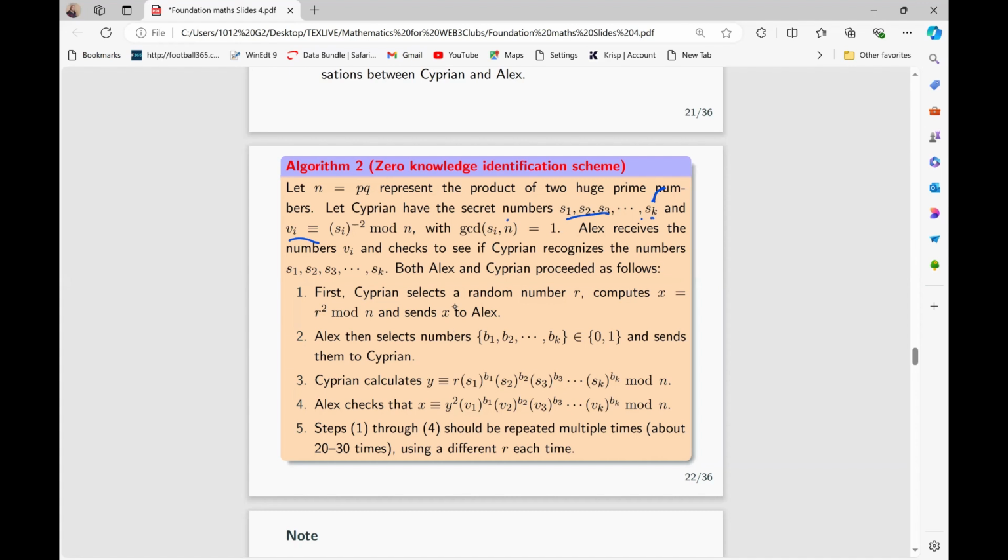Then you get the square: 1 out of this, then its square. Just as we did in the previous example, you send Alex the square.